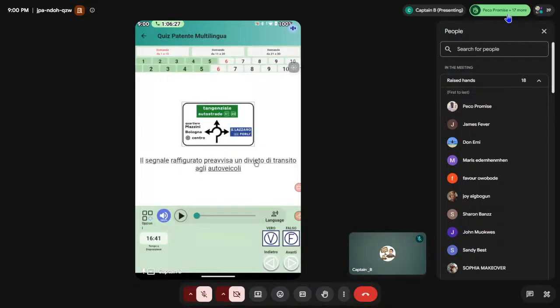Raffigurato, preavviso. What is divieto? Forbidding the transit of vehicles. Forbidden transit of vehicles, yes. Vero o falso? Falso.